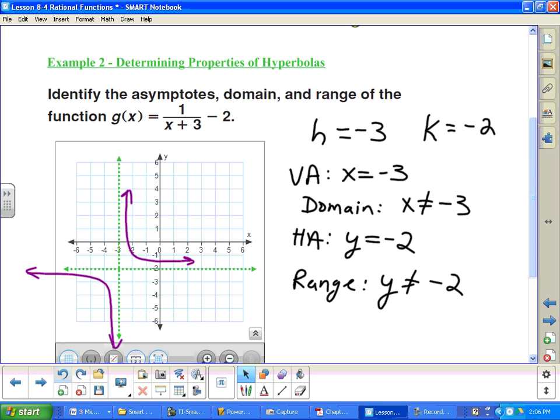Yes, Gage? How do we find the points to make it perfect? No. Well, we don't have the graph, that's the problem. Eventually you will. You will have some that you'll need to graph.